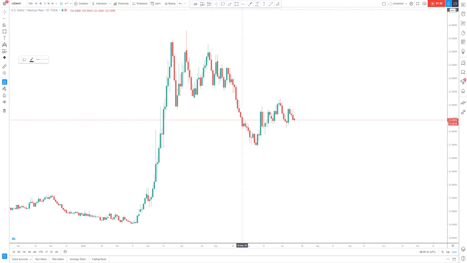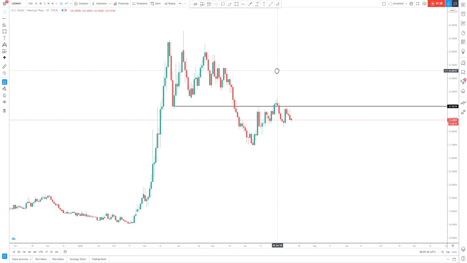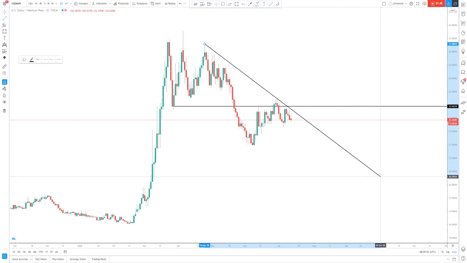So we had this area of structure, this significant area of structure, and we can see our price broke it and came for a retest back at it, forming this sort of head and shoulder formation right here. So I can pick a trend line at this point, try to mark out current structure. Brilliant.